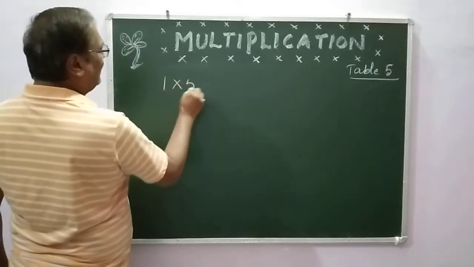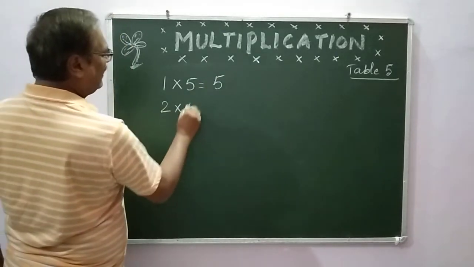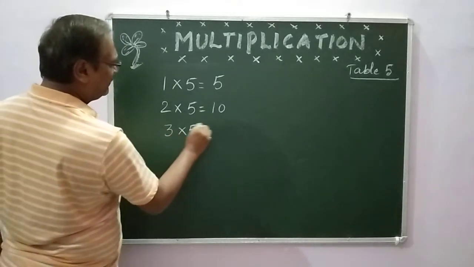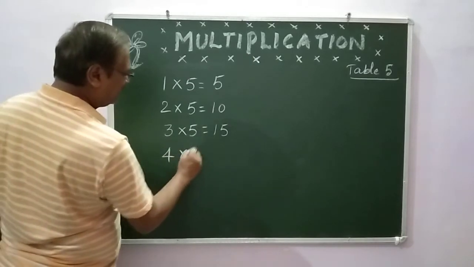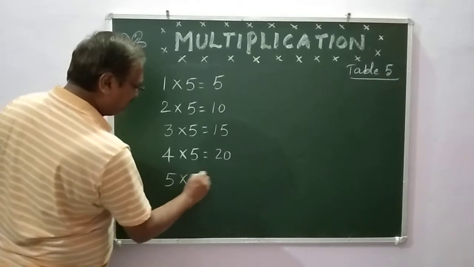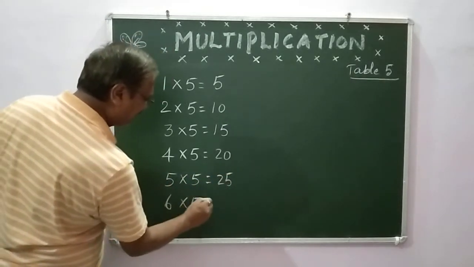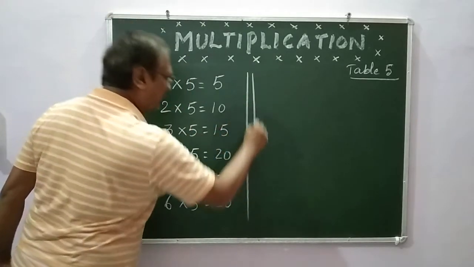1 5s are 5, 2 5s are 10, 3 5s are 15, 4 5s are 20, 5 5s are 25, 6 5s are 30. Put a line, put another line.